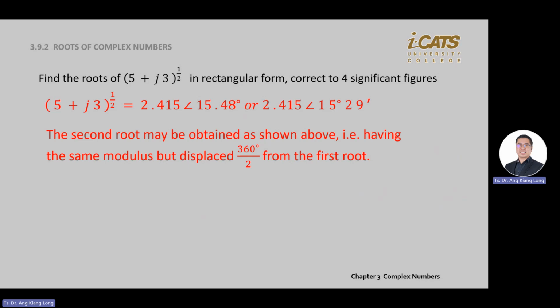And you know that another answer for this one will be 180 degree from this one. Okay, so you don't need to go through the calculation. Straight away, you say the second answer is this angle plus 180. Straight away, you take the first answer, bracket plus 180 for the second answer.